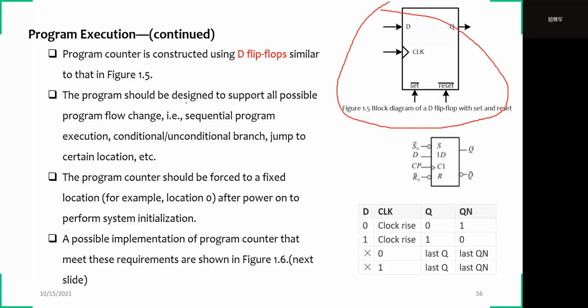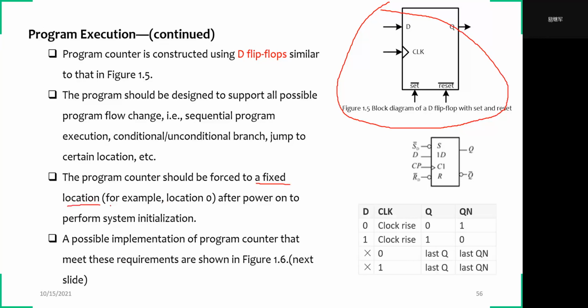The program counter should be designed to support all possible program flow changes, i.e. sequential program execution, conditional and unconditional branch, jump to a certain location. The program counter should be forced to a fixed location after power on to perform system initialization.